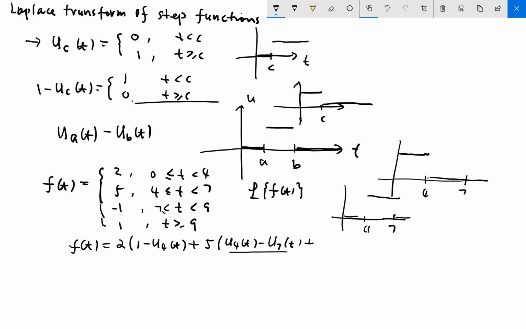Then plus minus 1, which you want non-zero between 7 and 9, so you have u_7(t) minus u_9(t). Then for the last one, you want 0 before 9 and 1 after 9, so you add 1 times u_9(t).